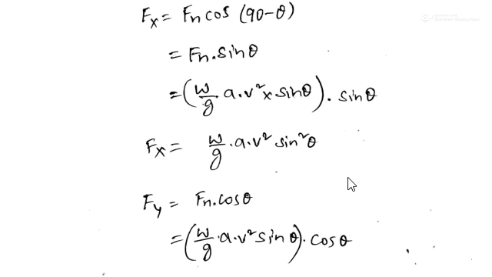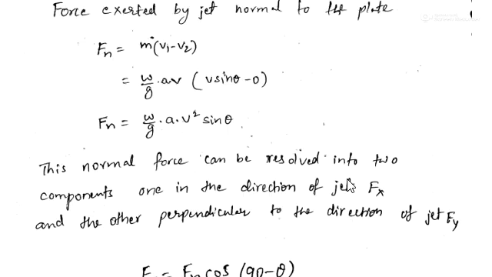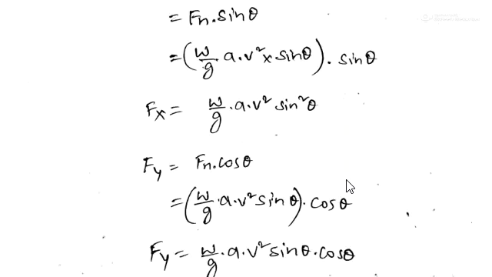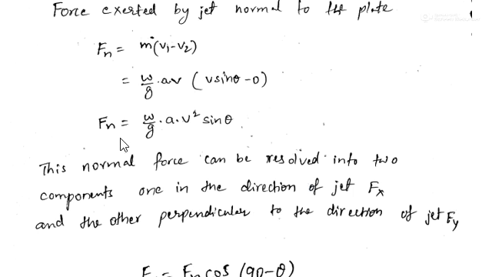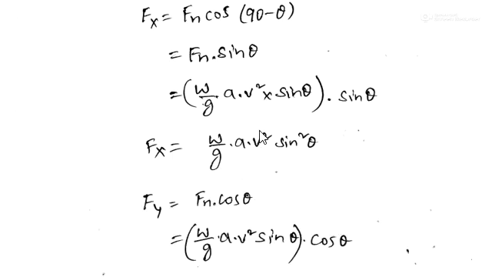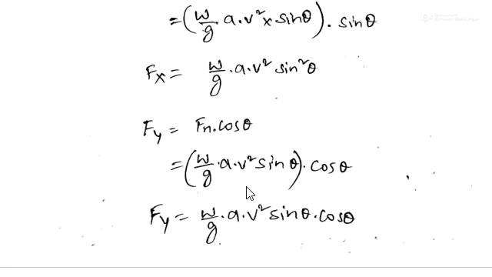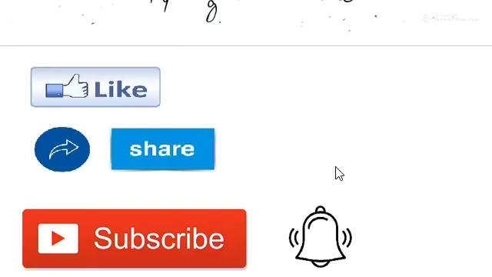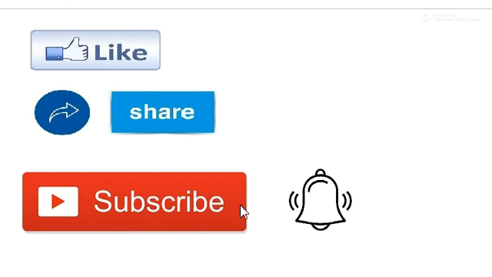So these are the expressions for a jet striking a fixed plate at an angle theta. The force normal to the plate is W by G A V square sin theta, the force along the x direction is W by G A V square sin square theta, and the force in the y direction is W by G A V square sin theta cos theta.